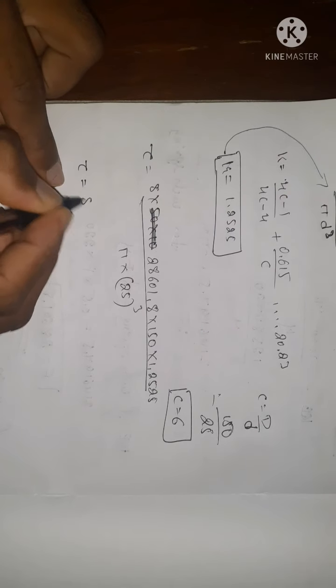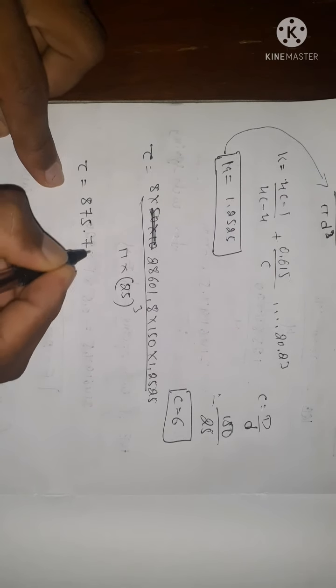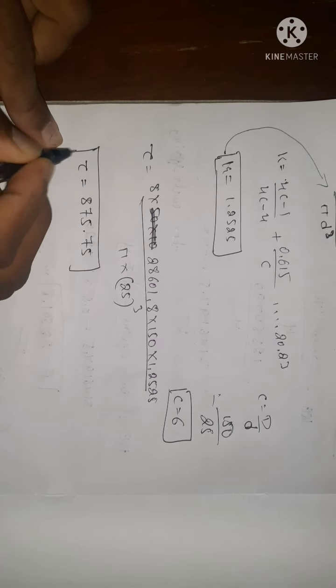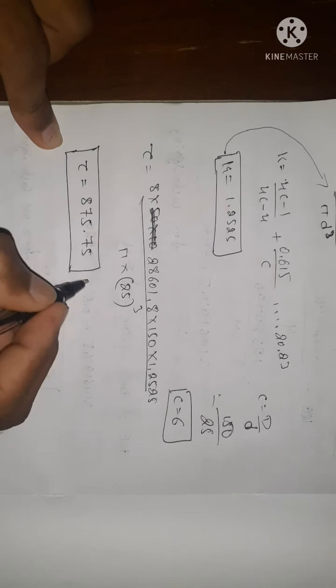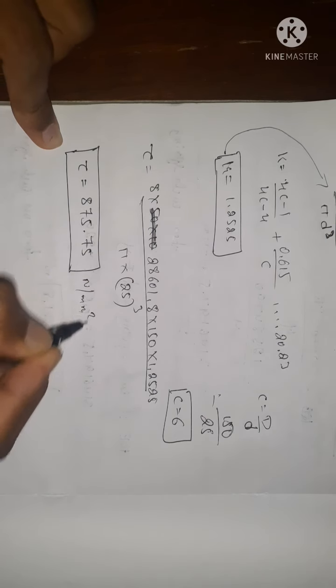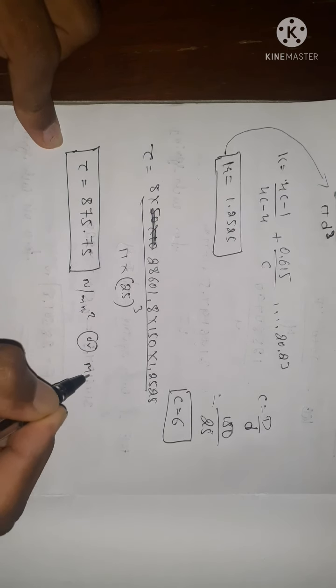Tau equals 875.75 Newton per millimeter square or megapascal, the shear stress.